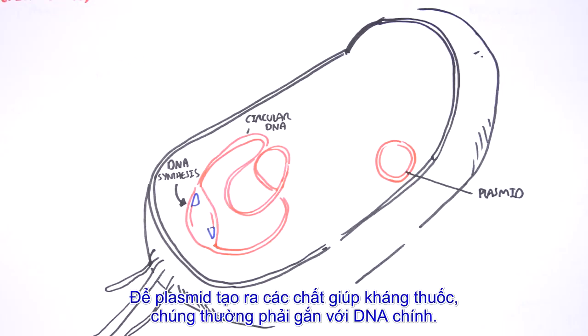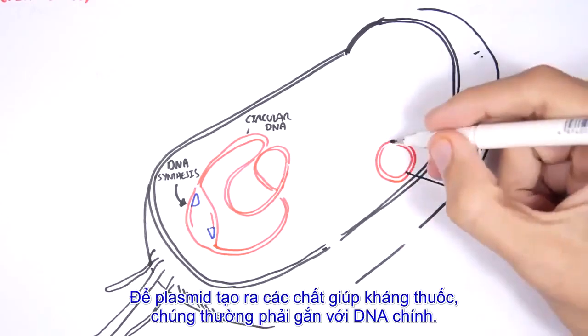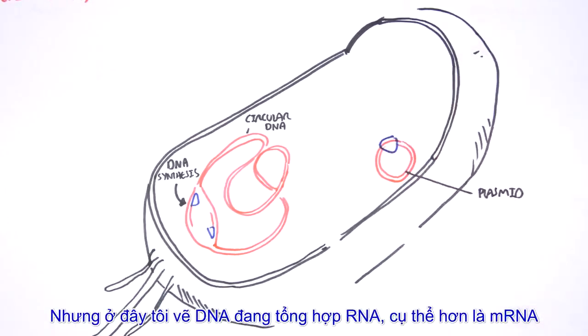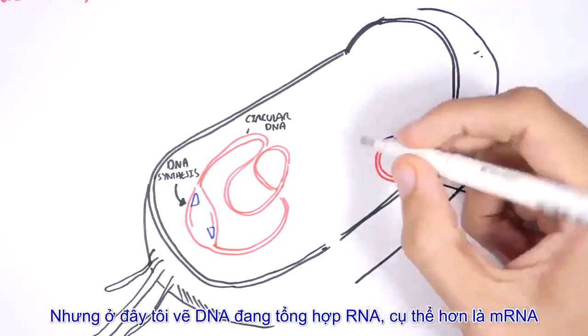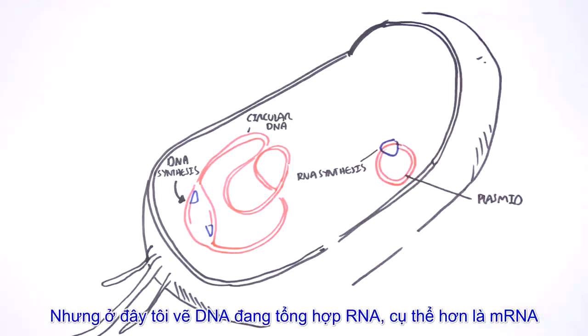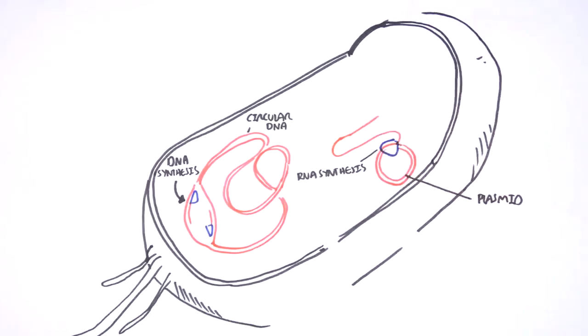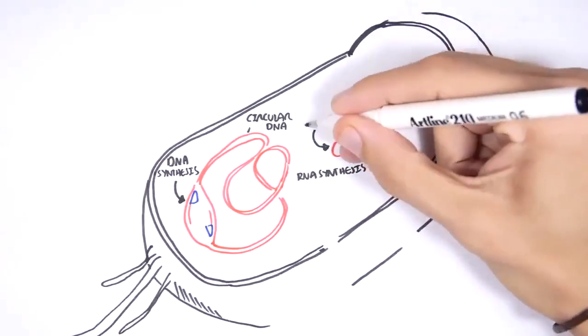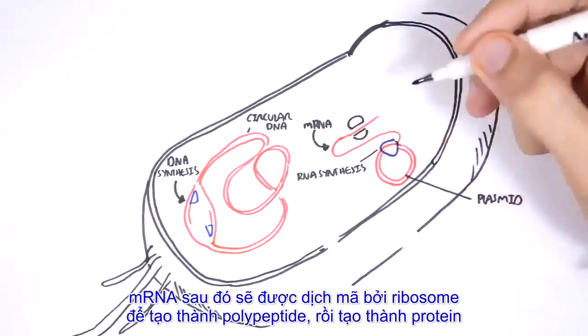For the plasmids to make these resistant things, it usually has to incorporate itself into the main circular DNA. But here I'm showing that the plasmid is synthesizing RNA straight away. In particular, mRNA. So mRNA is being synthesized from the plasmid.